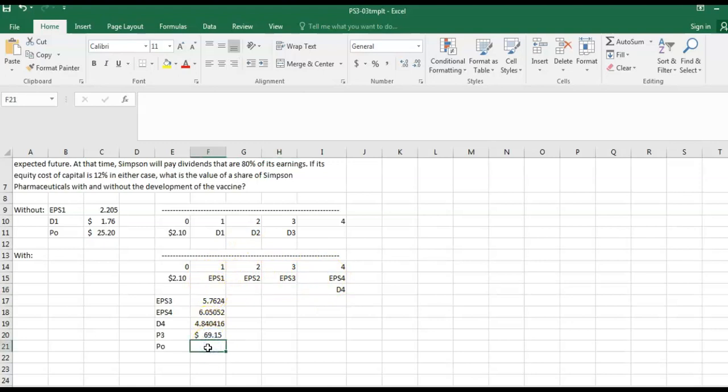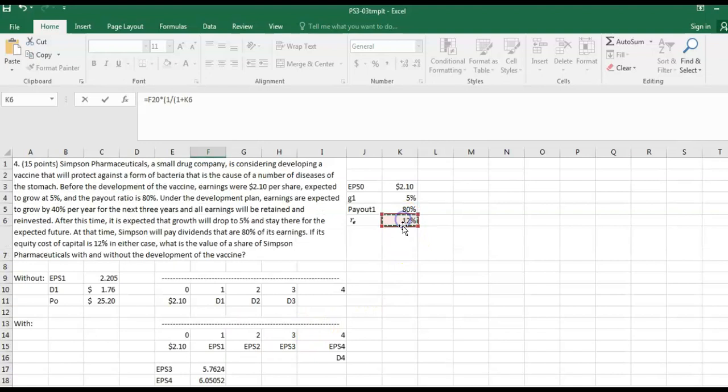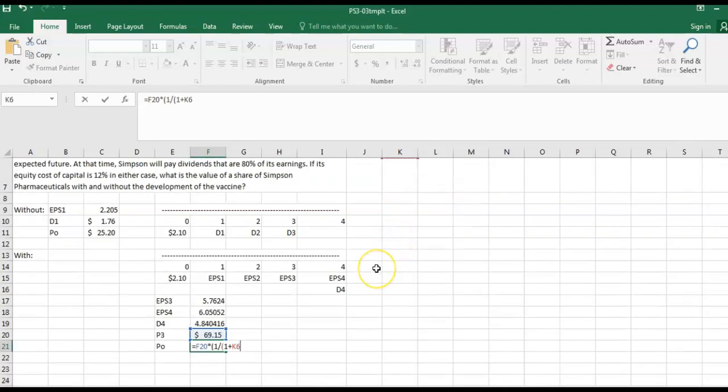All right, so P0 is this single cash flow discounted back, so I'm going to multiply by my discount factor of 1 plus my required rate of return. This is P3, so I'm discounting this back 3 periods, back to time period 0, back to today.